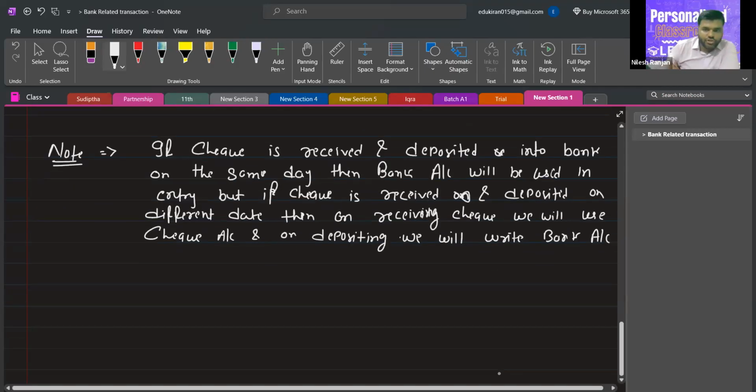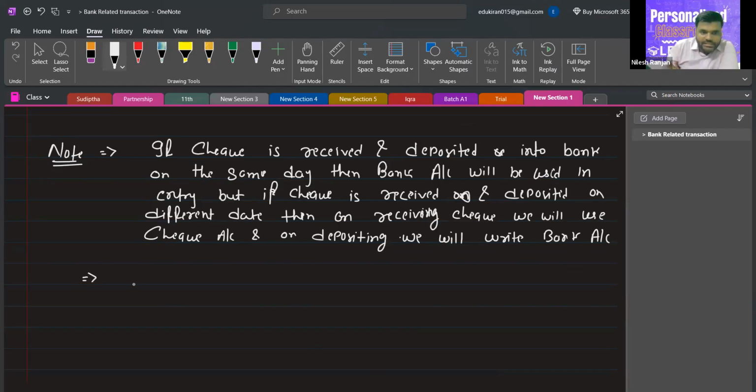Okay, so the journal entry will be, if it is deposited on a different date, then while receiving the check, you will write check account debit to, let's say you are receiving a check from Nilesh, so you will write check account debit to Nilesh account.